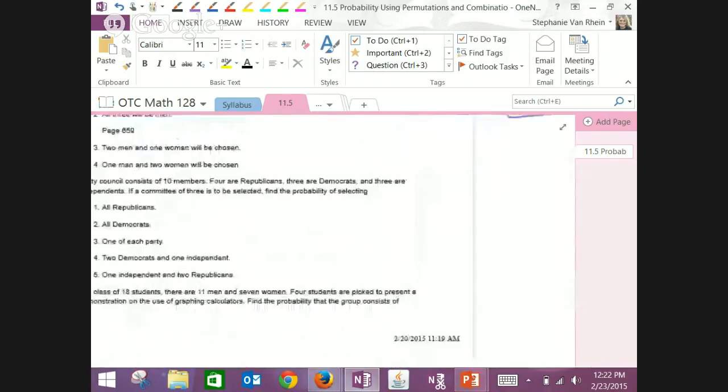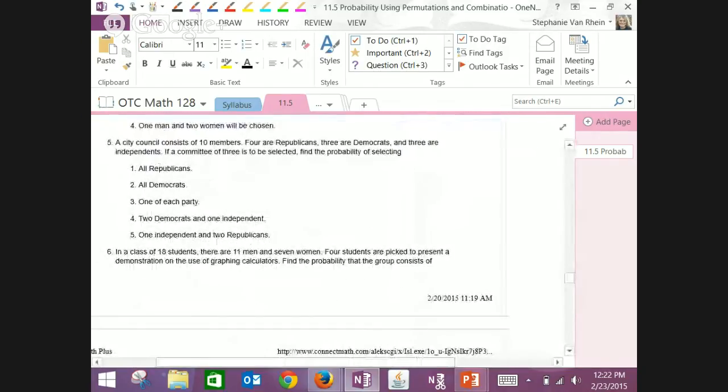Number 5. We have Republicans, Democrats, and Independents. A committee of 3 is to be selected. Find the probability that all of them are Republicans, all of them are Democrats, 1 of each party, 2 Democrats and 1 independent, 1 independent and 2 Republicans, because that's 3 categories.